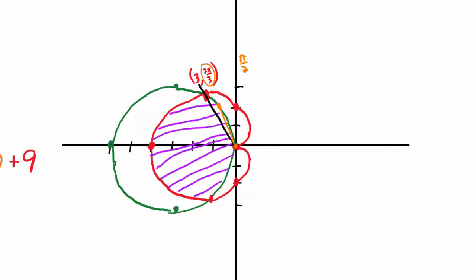Does everybody see that? But if you draw a representative radius after that angle, that corresponds to an angle that's bigger than 2 pi over 3, then the first curve you hit is the cardioid. So the thing is, if we want to find the area, we're going to have to break this up into two integrals.